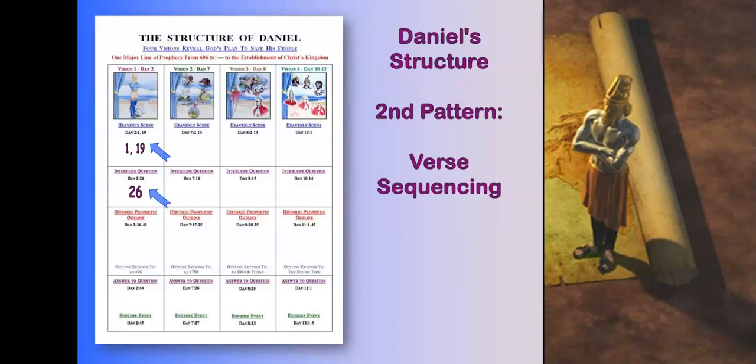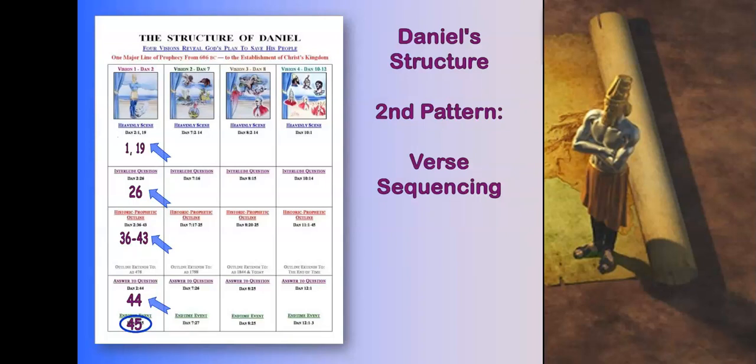And then historic prophetic outline, we see 36 through 43. And you see it's all staying in order. And the answer to the question is revealed in verse 44. And finally, the end time event verse is verse 45. So there you have the verse sequencing of Vision 1, Daniel 2.